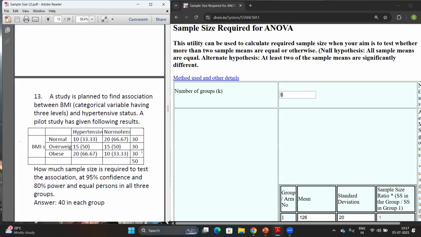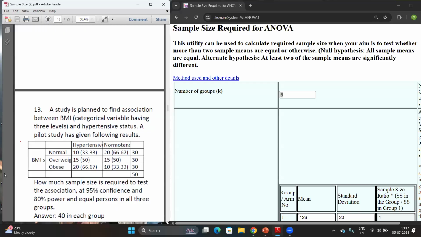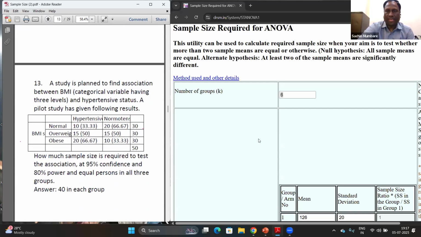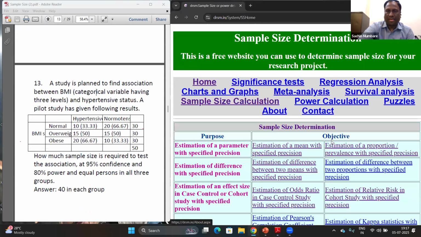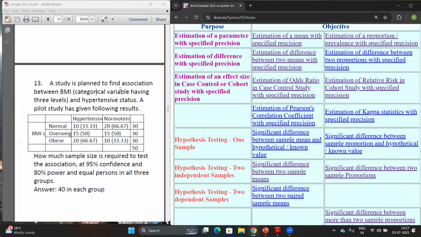Okay, later on let's see. Shall I move ahead? Yes, sir. Now, next is, which test will you apply? Just looking at this data, which test will you apply to find the association between BMI and hypertension? Chi-square test. Very good.